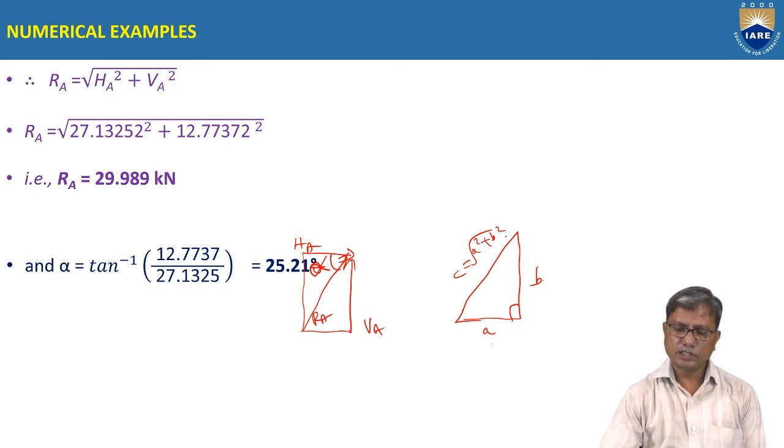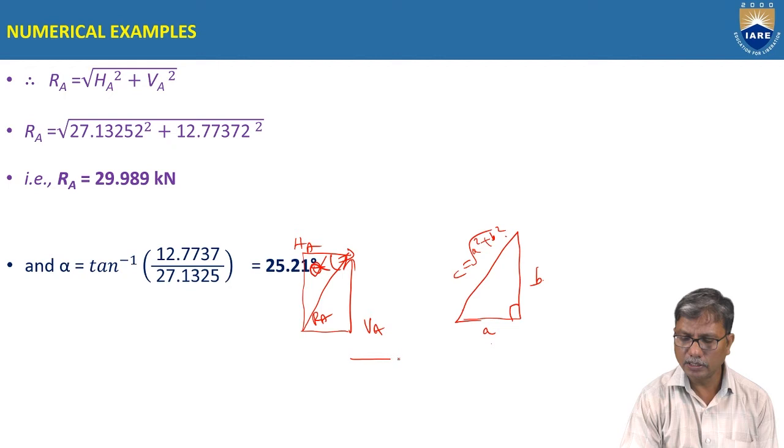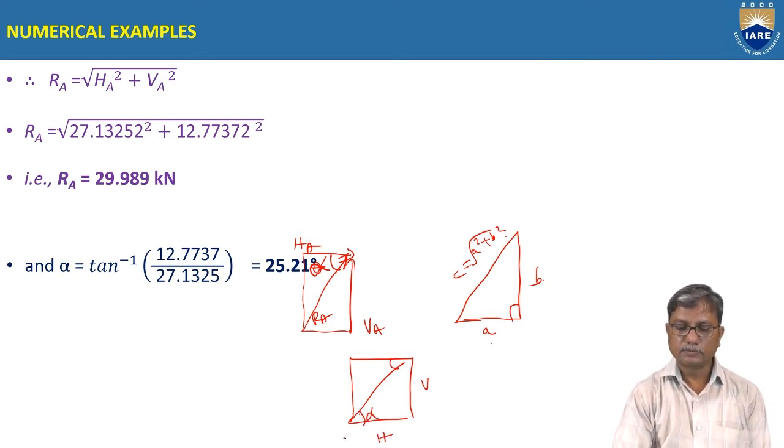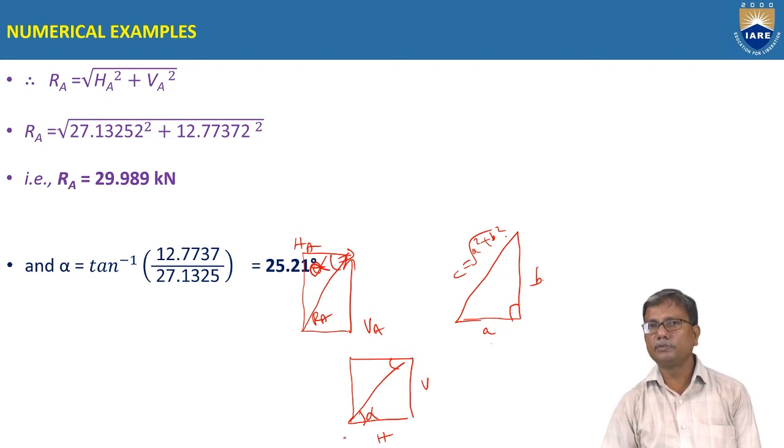And if VA and HA both are equal, then alpha will be 45, because tan inverse of V by H, that is 1, tan inverse 1 is 45. If V is greater, then alpha will be greater than 45.